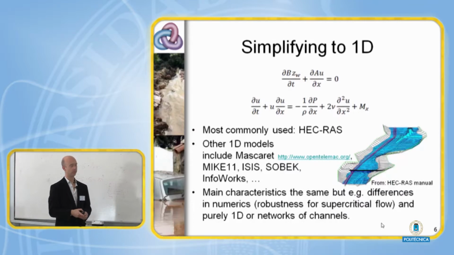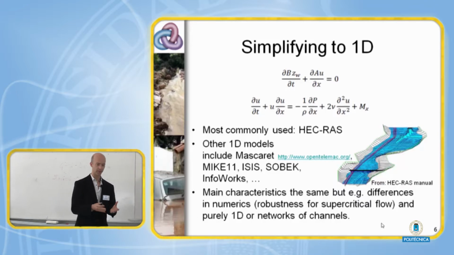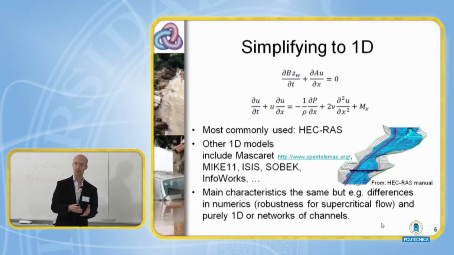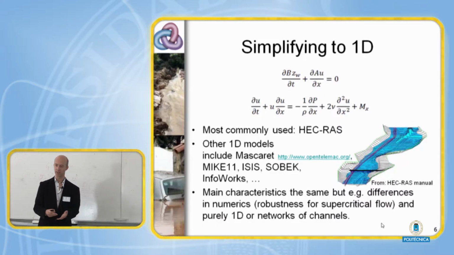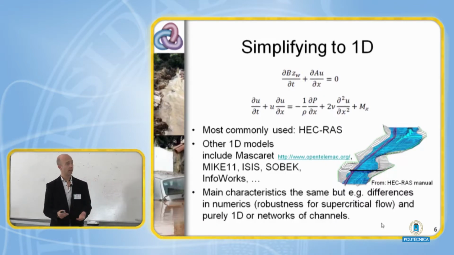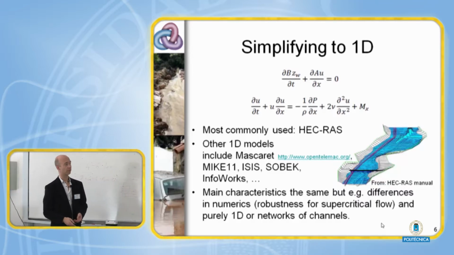So you usually can choose between an efficient, accurate scheme for subcritical flow or a more robust scheme that also handles supercritical and transcritical flows.